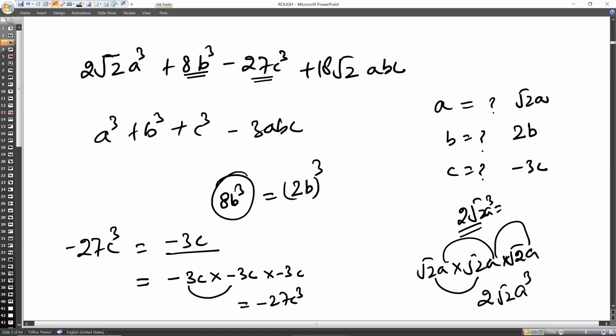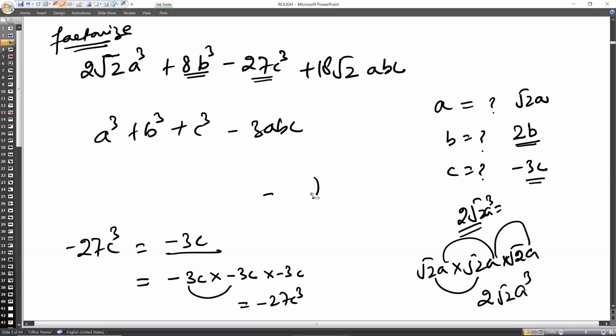So A is actually root 2a, B is actually 2b, and C is actually minus 3c. So you have to expand this one. You have to factorize. So what is the identity of a cube plus b cube plus c cube? What is the identity?